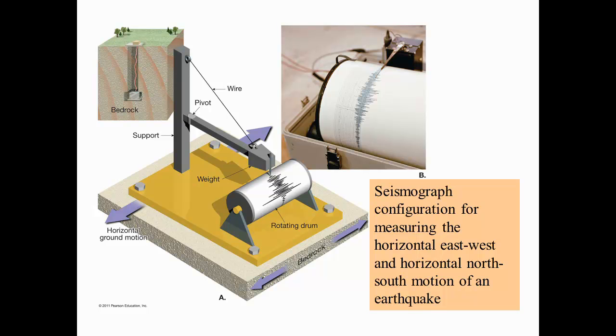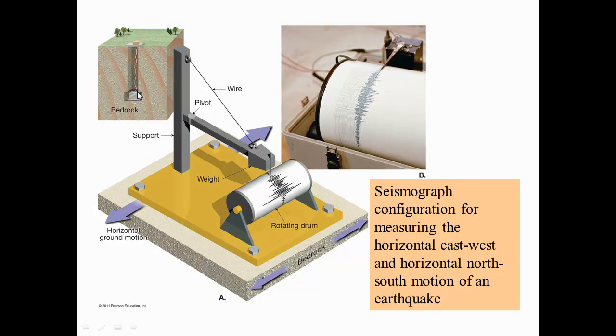Here, for an example, we see a seismograph configuration for measuring the horizontal east-west or north-south motion of an earthquake. And notice that the instrument itself is anchored to the bedrock.